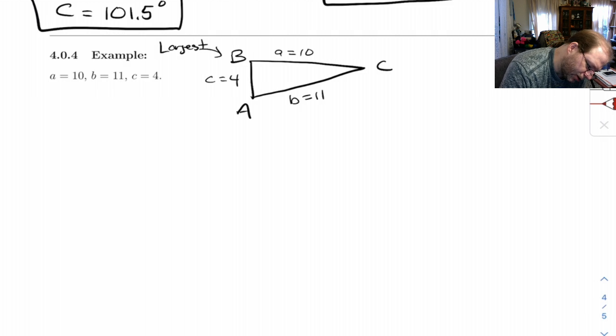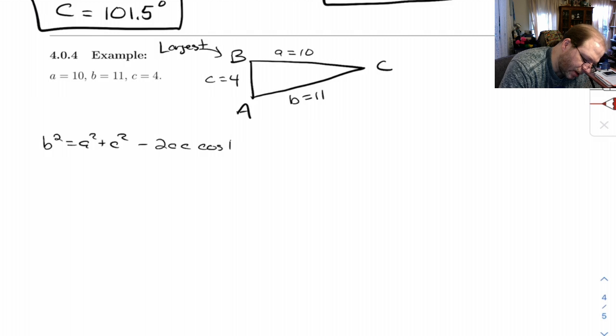All right, so I want to use B squared equals A squared plus C squared minus 2AC cosine B. So plugging into all that, I'm just going to go ahead and square these since they're small numbers that we can square. B squared is 16 equals A squared plus C squared. Yeah, B squared is not 16. B is 11.